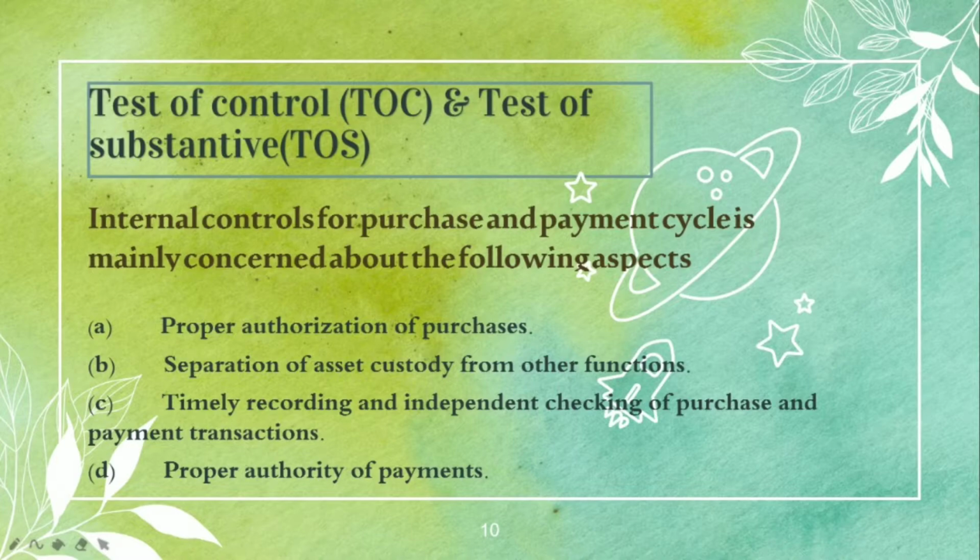Internal control for the purchase and payment cycle is mainly concerned with the following aspects: proper authorization for purchases, separation of asset custody from other functions, timely recording and independent checking of purchase and payment transactions, and lastly, proper authority for payment.